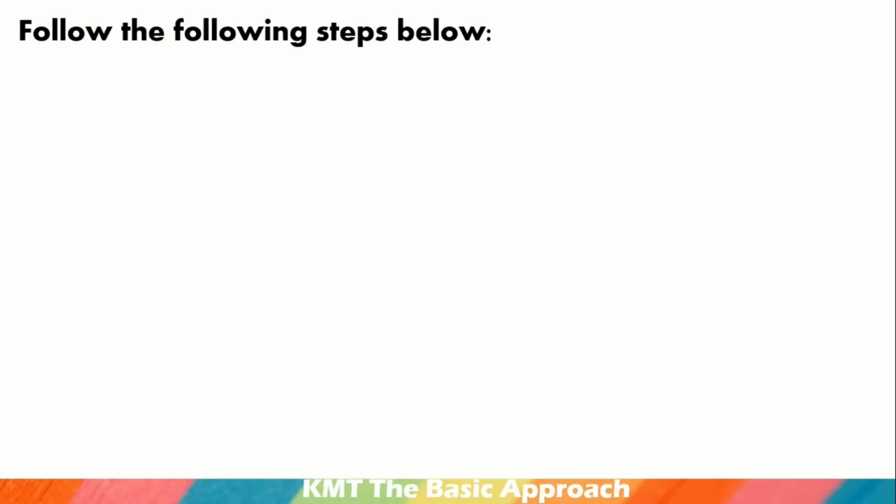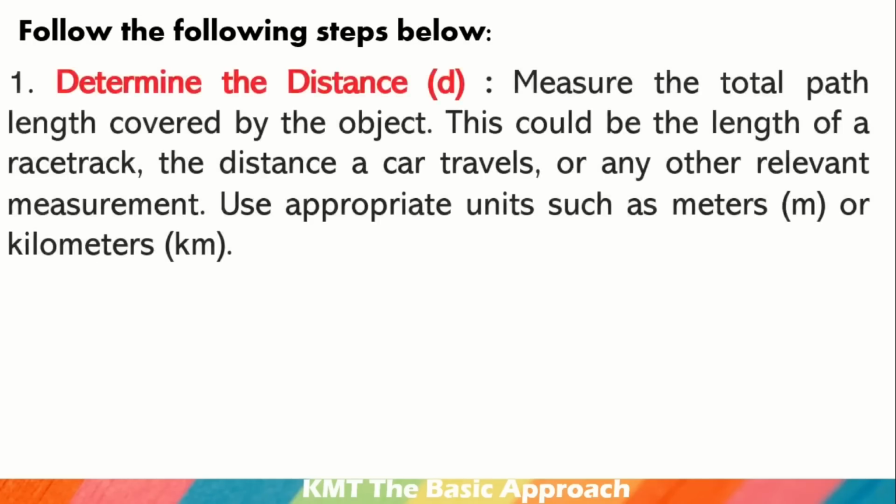For computing speed, let us follow the following steps below. Number 1. Determine the distance. Measure the total path length covered by the object. This could be the length of a racetrack, the distance a car travels, or any other relevant measurement. Use appropriate units such as meters or kilometers.